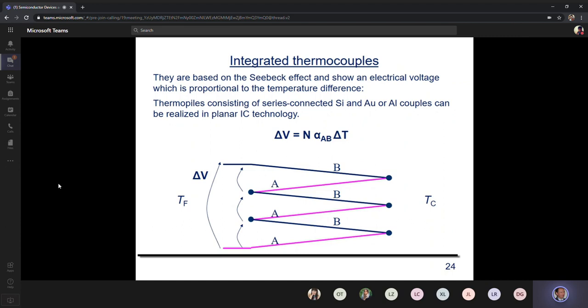This cannot be explained with the simple models that we have used for describing the conduction in a semiconductor, because when we use the drift diffusion model, we assume that the temperature of the crystal is the same everywhere. Whereas in this case, the temperature obviously is not the same. It is different from left to right, okay? And changes with some law in between from left to right.